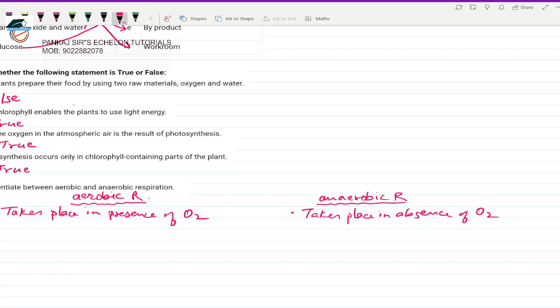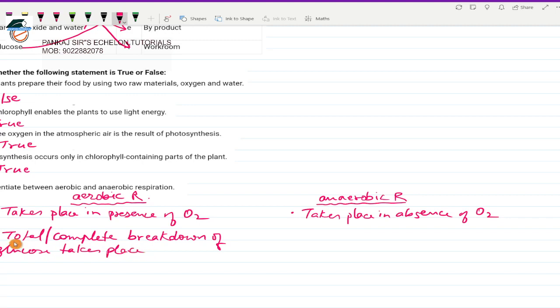Second is, here in aerobic respiration, there's a total or complete oxidation, or you can say complete breakdown of glucose that takes place.